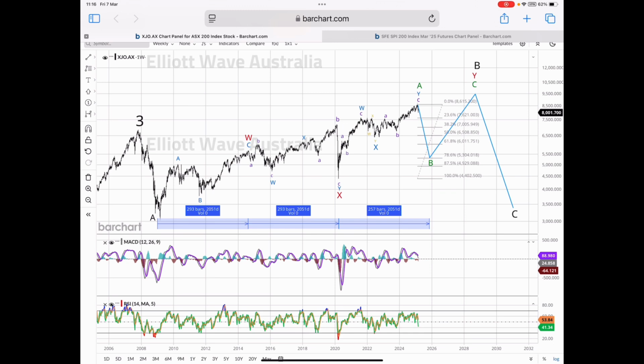Now, some people will be labelling the high as that smaller purple wave B, but I think that's an expanded flat, so I'm counting it as shown.